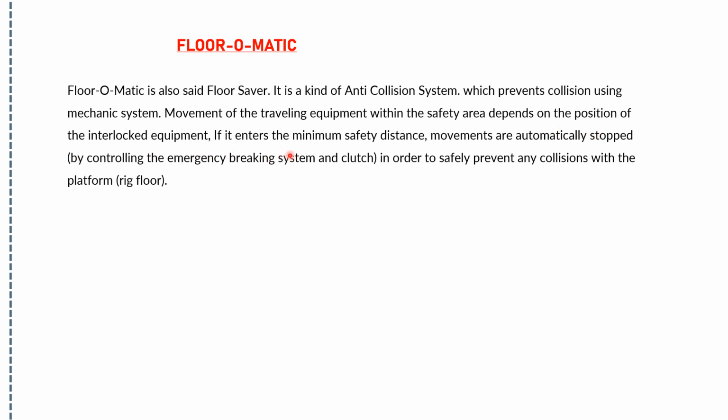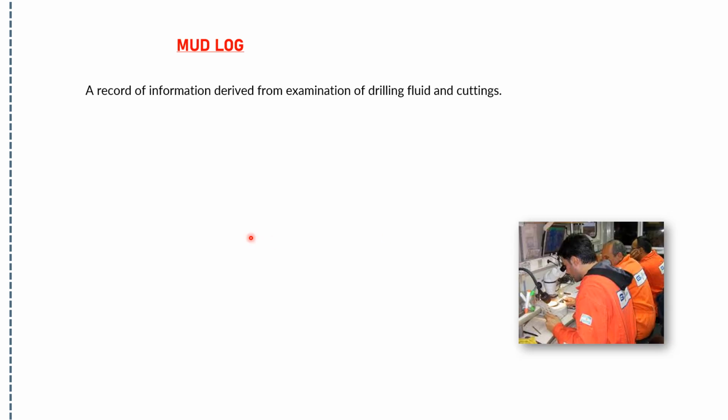If it enters the minimum safety distance, movements are automatically stopped by controlling the emergency braking system and clutch in order to safely prevent the collision with the platform. It means the rig floor. So the fluoromatic controls the traveling block and prevents it from hitting the rig floor.